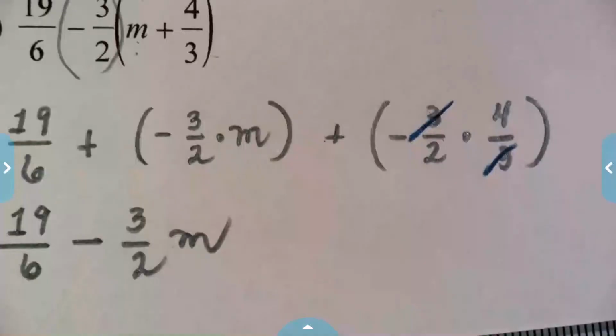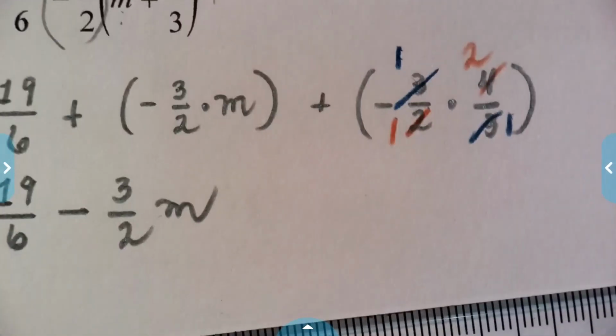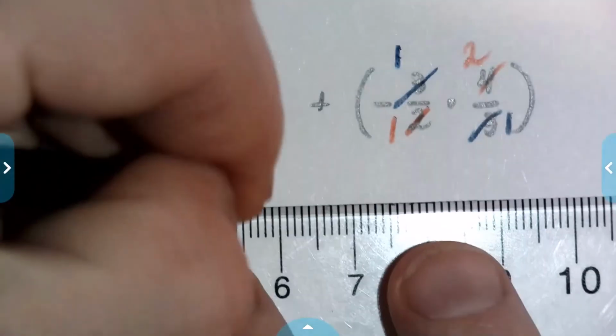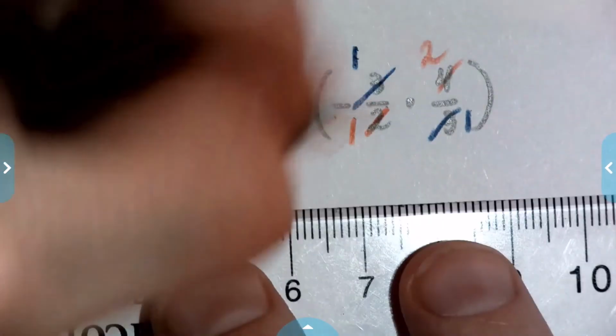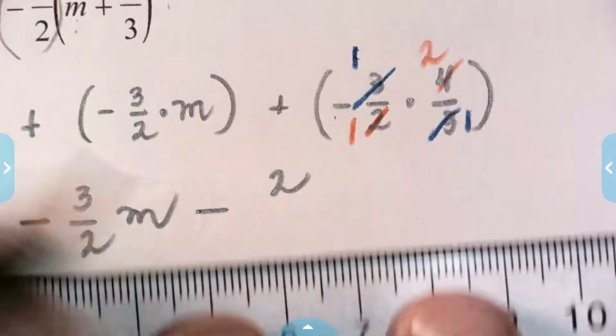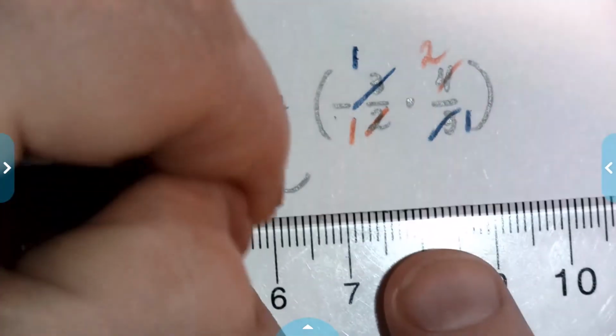I can cancel those 3's and leave behind 1's. And I can cancel the 4 and the 2 and leave behind a 1 where the 2 was and a 2 where the 4 was. So that's going to be minus, because of that negative sign right there. 1 times 2 is 2. And then 1 times 1 is 1.